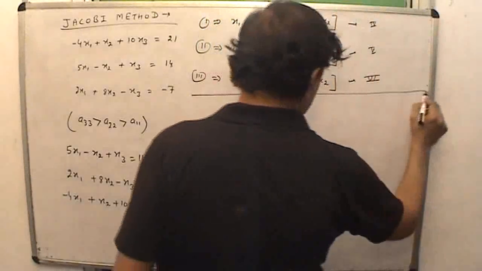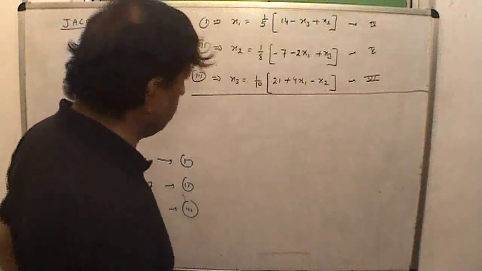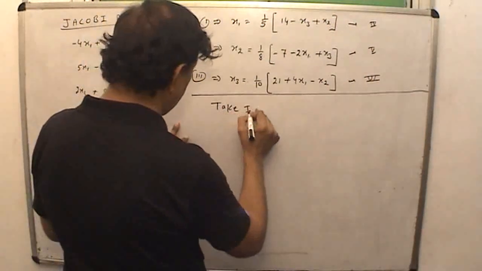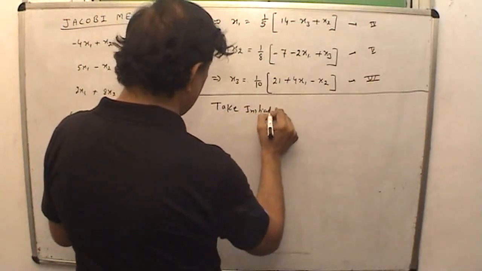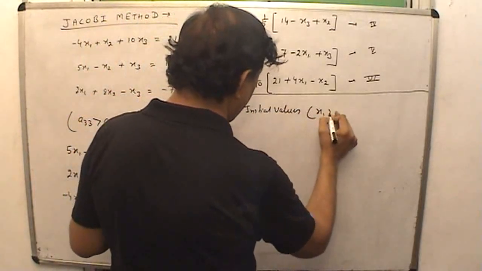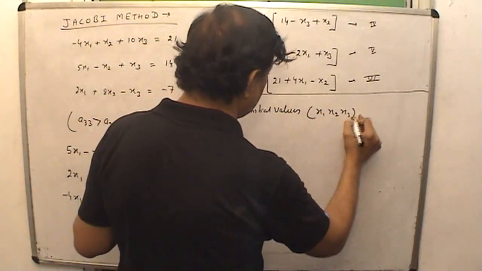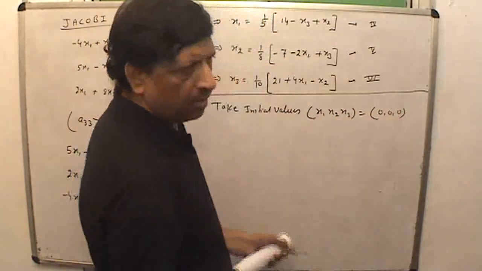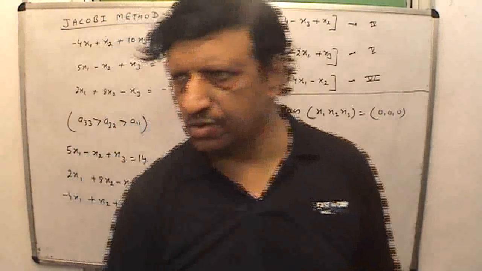We start the iterations now. Take initial values for x1, x2, x3 as 0, 0, 0. Always we start with 0, 0, 0.